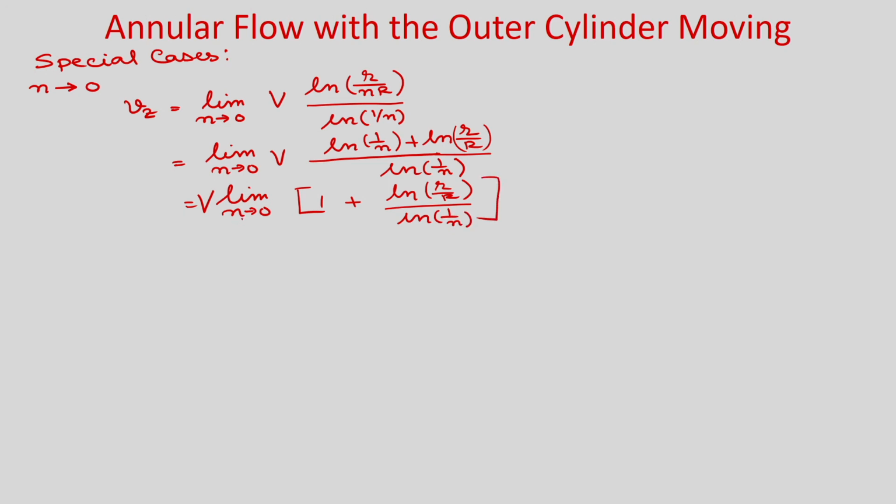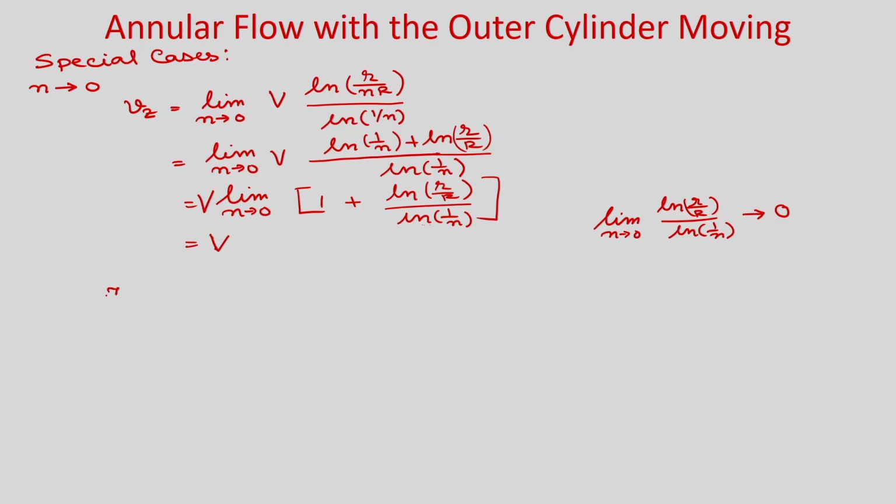Okay. So, if n tends to 0, you can see this will become ln infinity, right, and ln infinity is infinity. So, 1 by infinity will become 0. So, you can write this equal to V, because as n tends to 0, this second term will become 0. Okay. So, limit n tends to 0 ln r by r divided by ln 1 by n tends to 0. Okay. So, what is this flow?